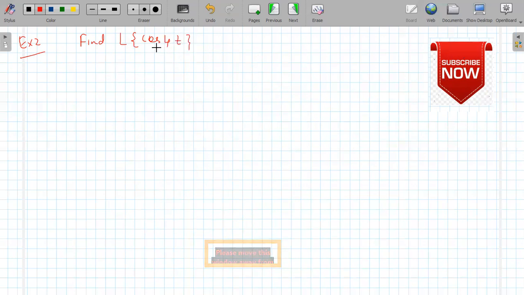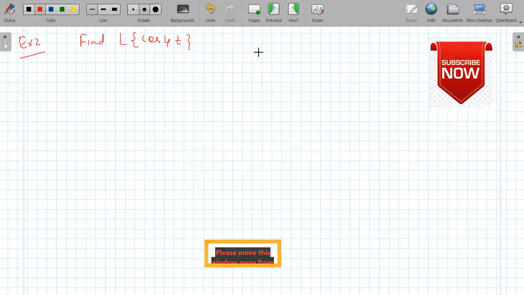You can simply apply the formula of Laplace transform of cos at, or you can apply the formula of Laplace transform of cos t and then use the change of scale property. You can do it in both ways.